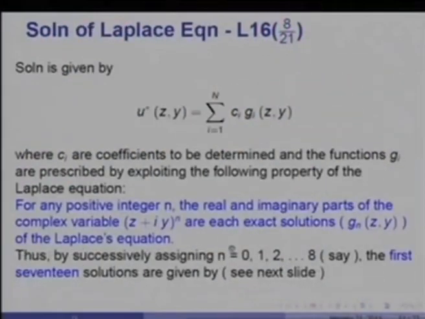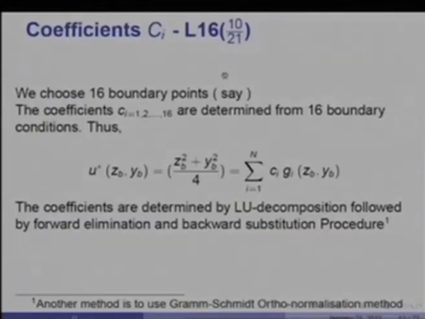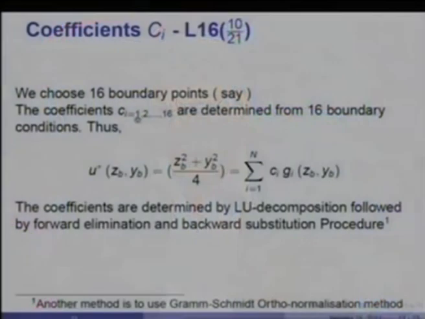So, we do know the g I's, and the only thing unknown is C I. Suppose I choose in a particular duct, let us say 16 boundary points, then I only take the first 16 terms in that expression, and my task then is to determine C I equal to 1, 2, 3 up to 16.